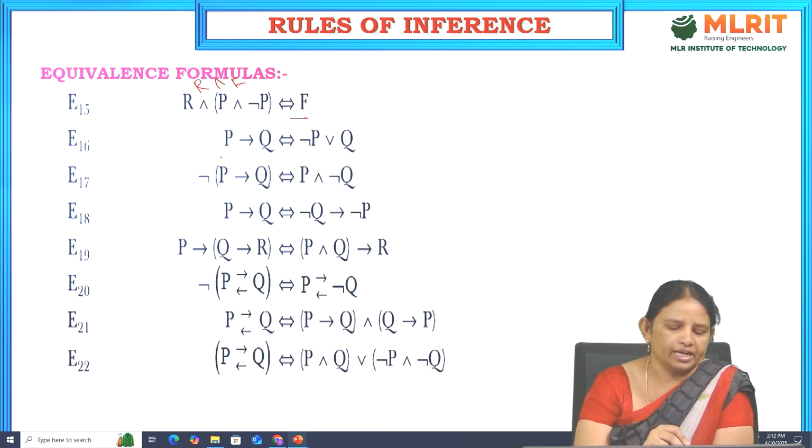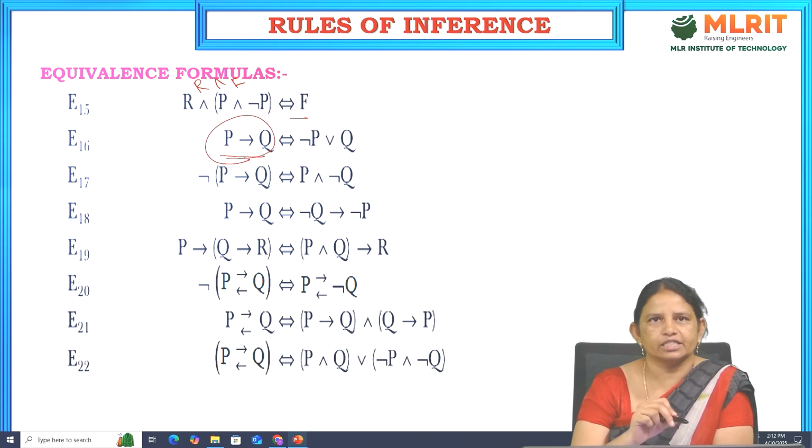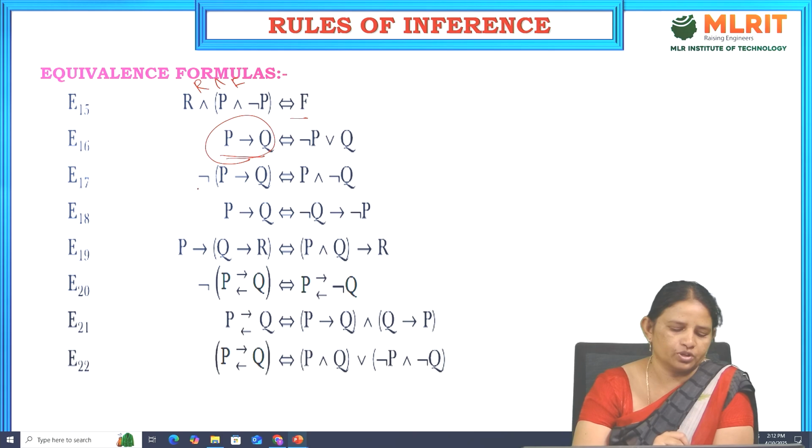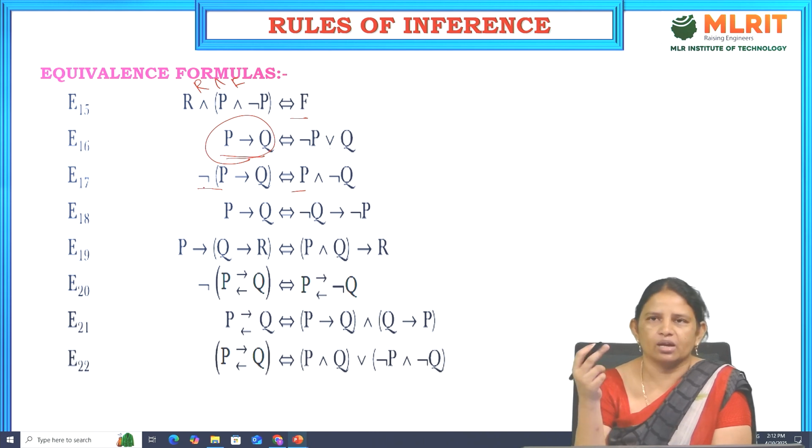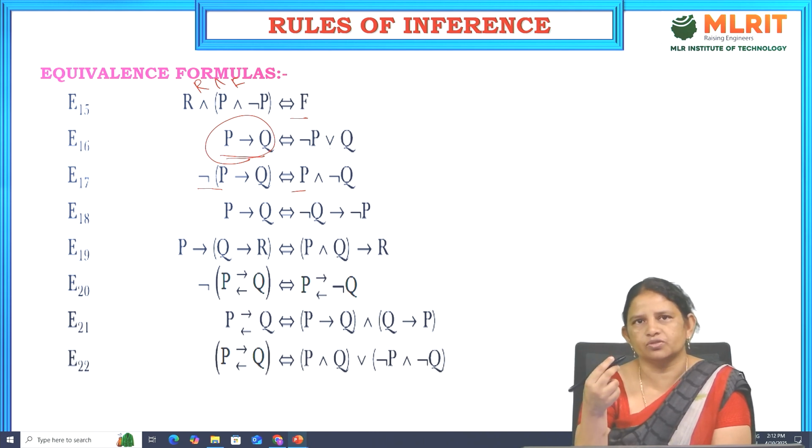Next, P implies Q is equivalent to negation P or Q, according to the conditional law. Similarly, applying negation, the negation of P implies Q becomes P and negation Q. At the time of solving the examples, we are going to apply these equivalent laws.